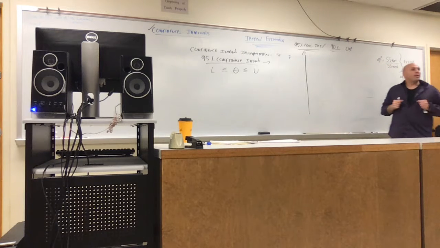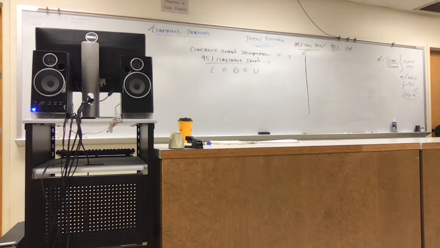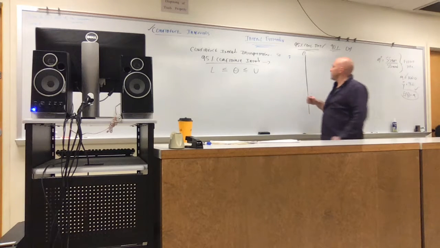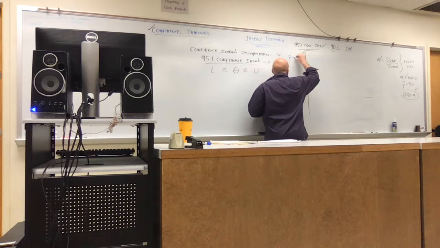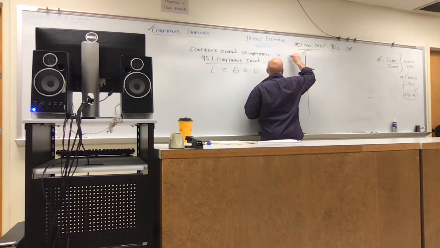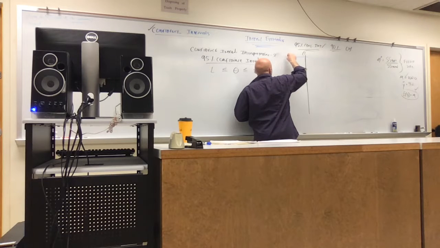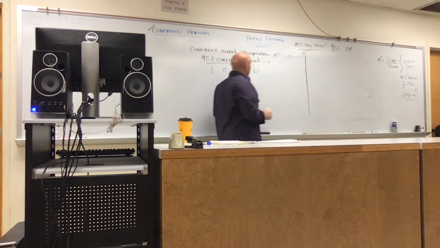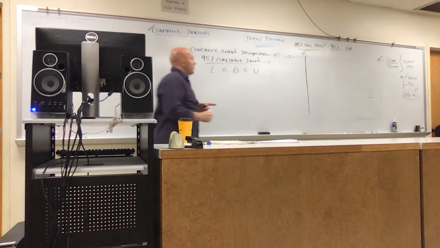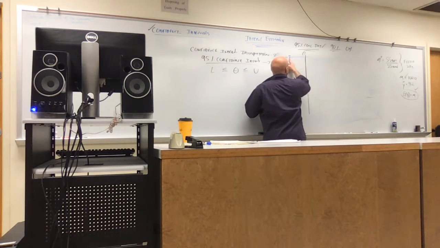So I build a 95% confidence interval around that sample mean, and it does this. Those are the limits. It goes out this far: the sample mean plus a certain amount and minus a certain amount.